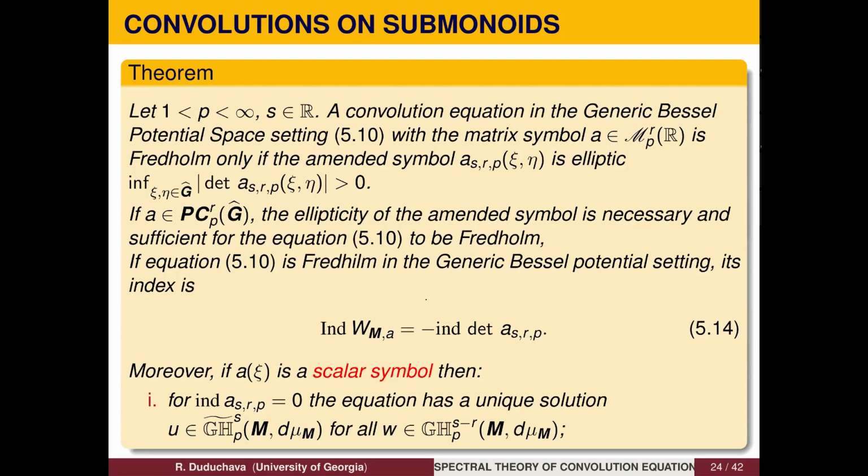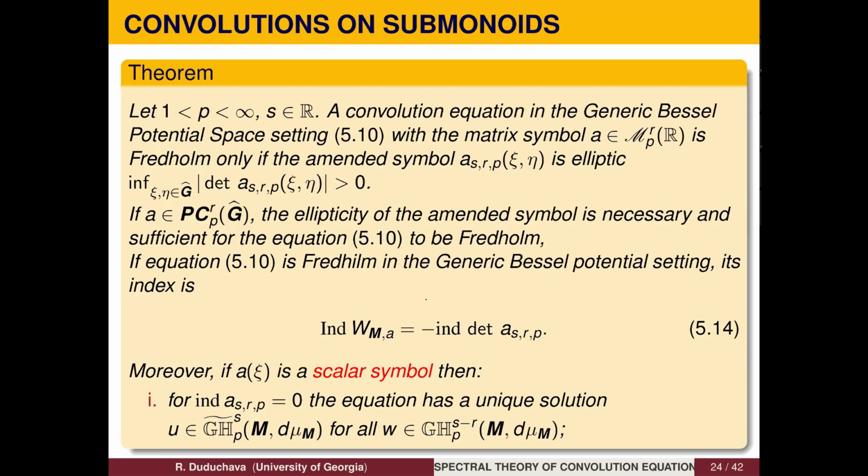And now the theorem. Let p be between 1 and infinity. A convolution operator in the generic Bessel potential space with the matrix symbol is Fredholm only if the amended symbol is elliptic. It's a necessary condition.